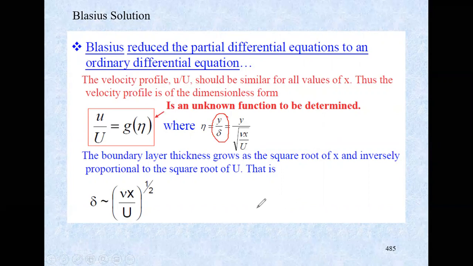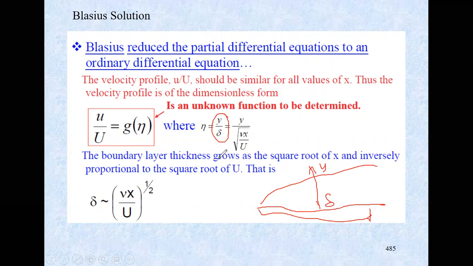So if you have this boundary layer developing from the edge like this, this is the y direction, and the thickness at every x is delta, right?